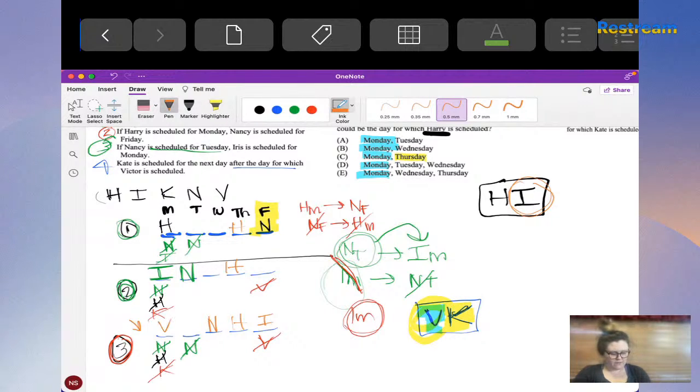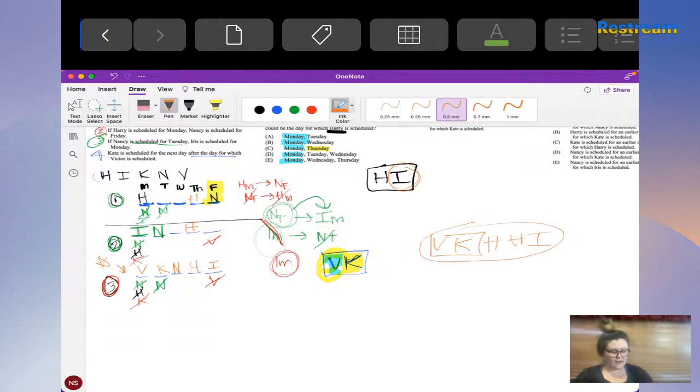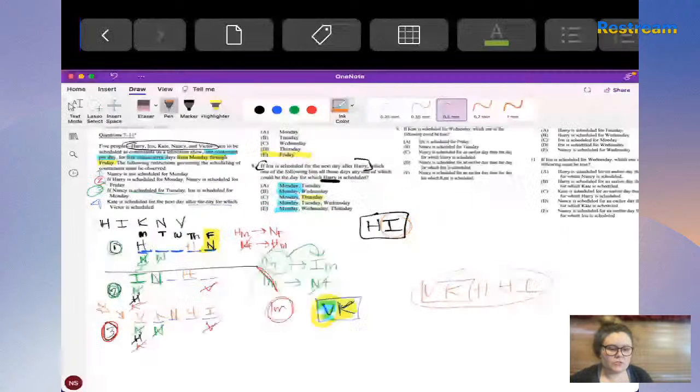Oh, well, that works. So VK here works, and so we have a world that works. So we want to star that. I usually just rewrite them on the side, or if I wouldn't be erasing on my actual game. But I'm just going to circle it so I know that this is a scenario that works. So I know my answer has to have Thursday in it.